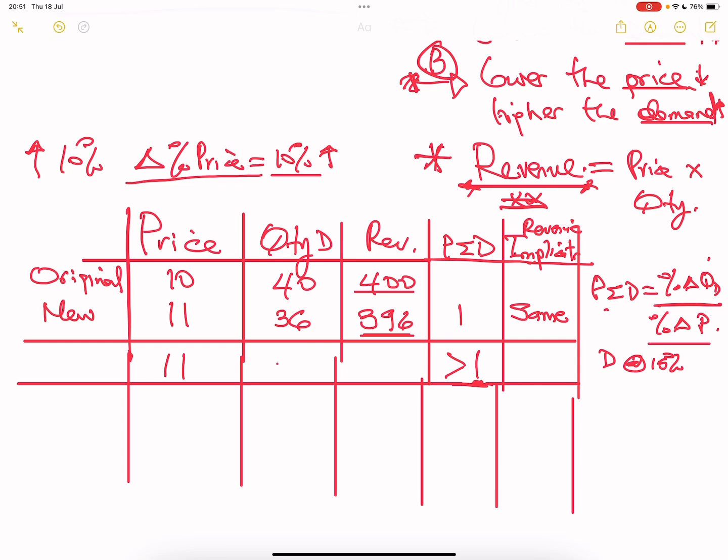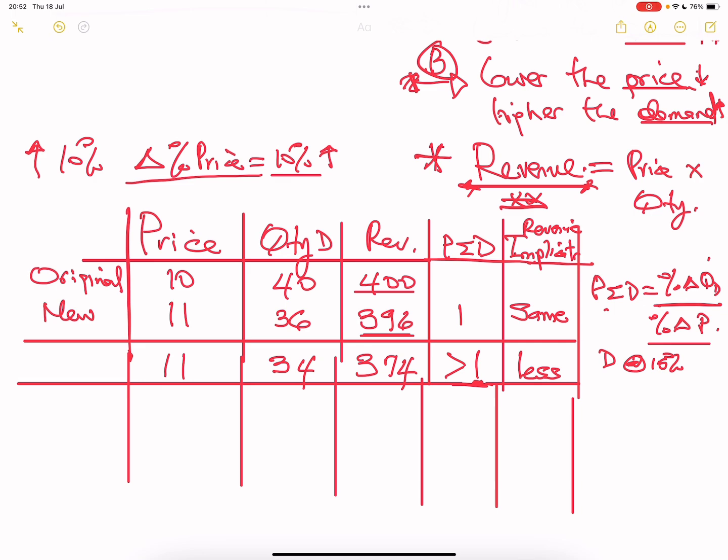If you do 85% of 40, that's 34. And if you calculate the revenue, 11 times 34, that gives 374. You can see the revenue has decreased significantly. So the implication is that revenue will be less.